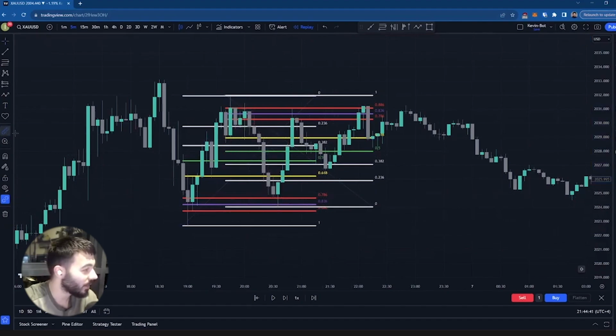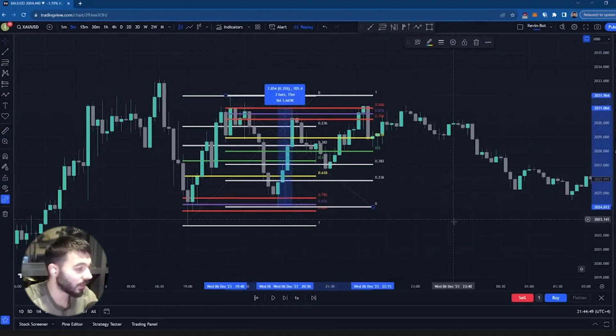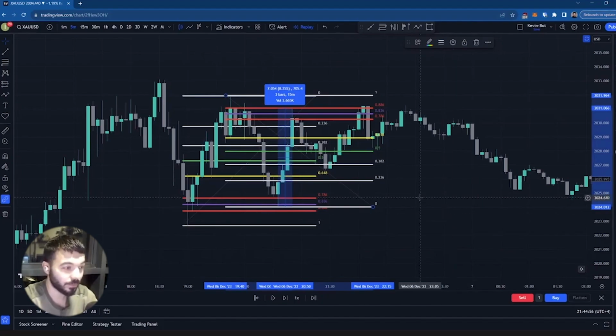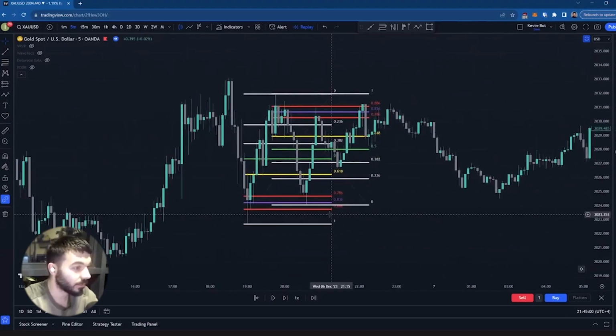Then from here to here was another 70 pips. And we can keep going. So I didn't add it up, maybe 300 pips. It's pretty good. That's very good. So I love Fibonacci. It just keeps it simple.